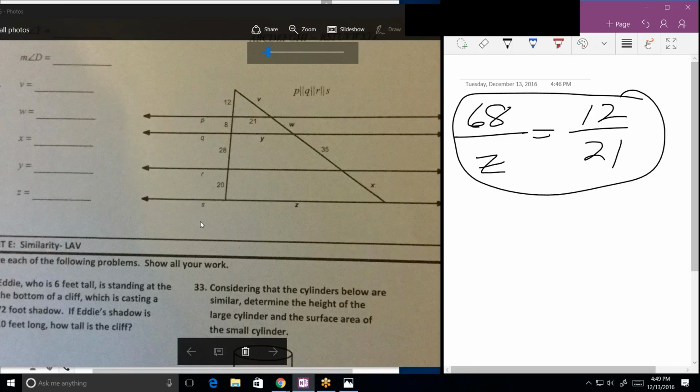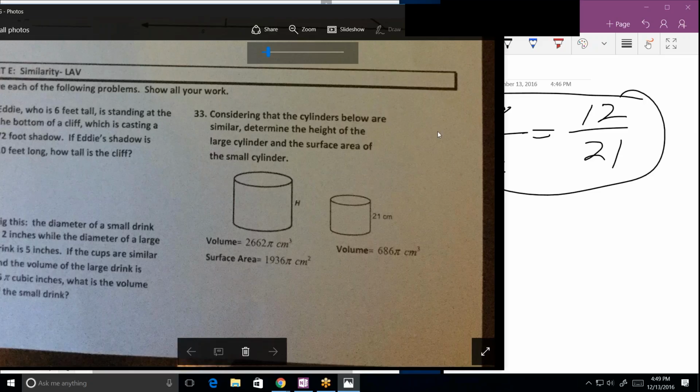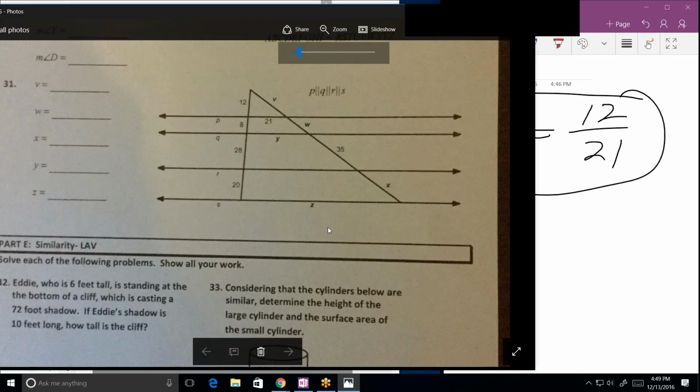Like I said, there's 5 different ways you can put together these ratios. So there's not just one correct method. What do you get for z, though? I didn't calculate it. I don't care what the answer is. Once you set it up, the ratio, that's the only thing that matters.